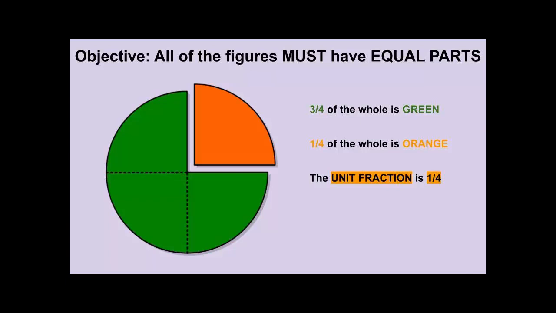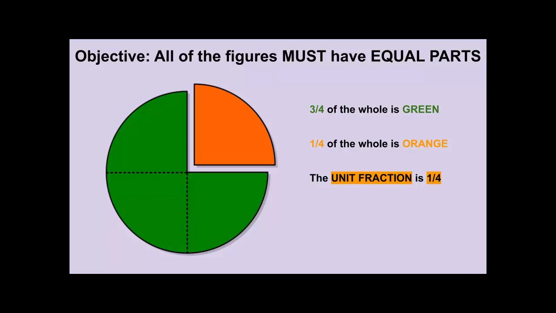On this circle, you can see that 1/4 of the region is orange. So the fraction for the orange region is 1/4. 3 of the 4 sections is green. So the region of green would be named 3/4.